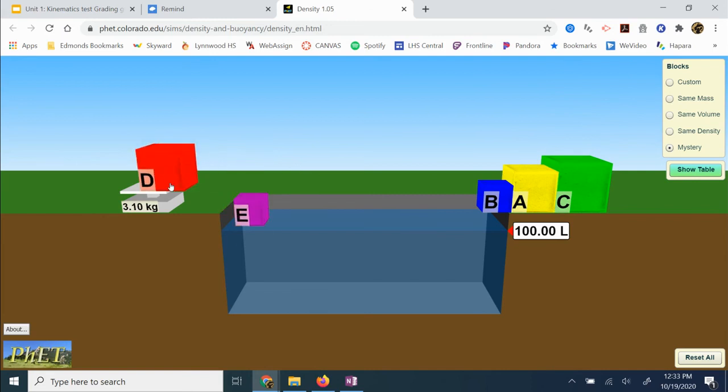Next up, D. Oh, that one went in the water. We can't have that. Okay, so D has a mass of 3.1 and a volume of 3.38.